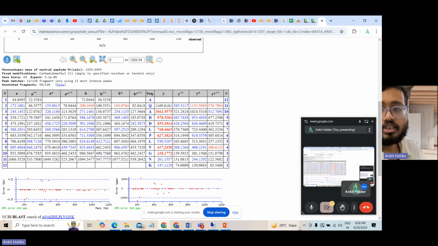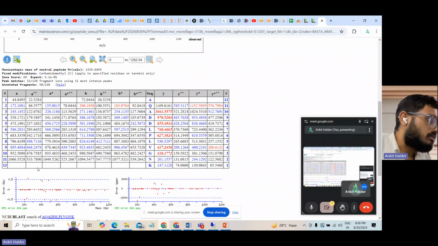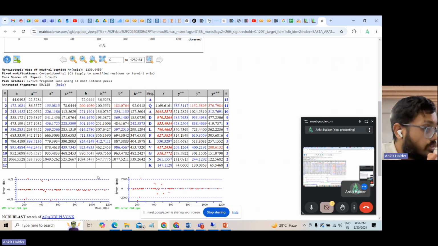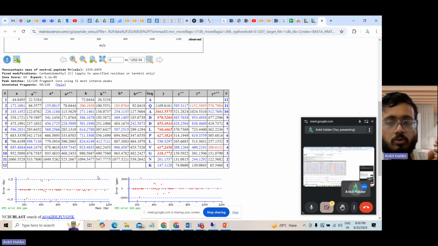If you go and read the paper on a, b, c and x, y, z ions of peptide or protein sequence, there you can understand why Y ions are generated from fragmentation of the C terminal, whereas the B ions are generated from the N terminus.